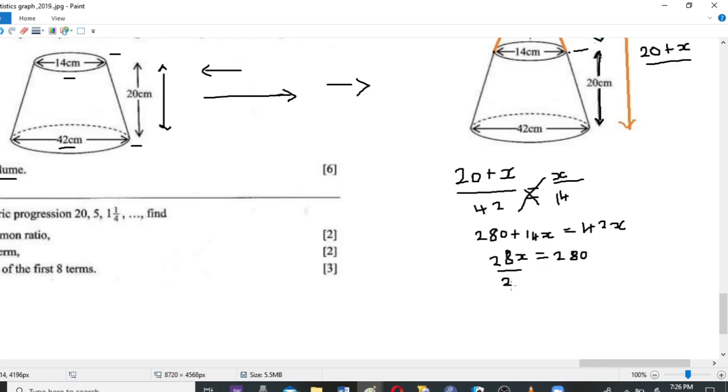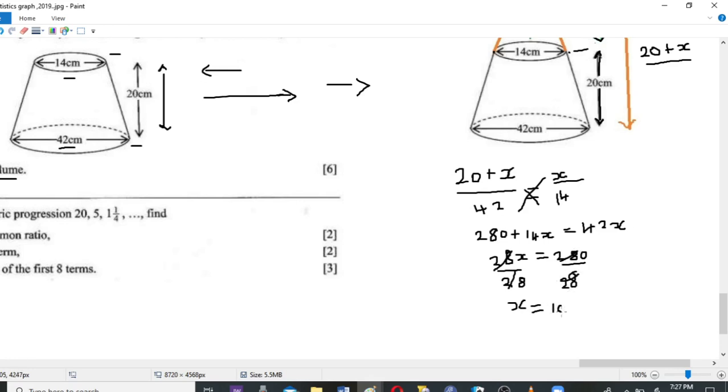Then you divide both sides by 28 so that we can find the value of x. When you apply the cancellation rule, your x is going to be 280 divided by 28. That will give you 10.